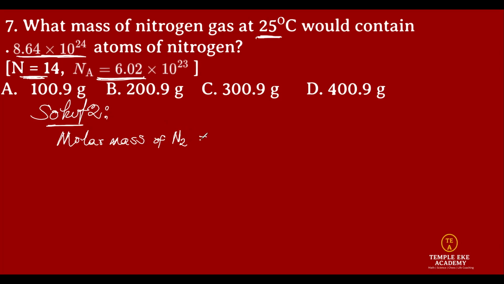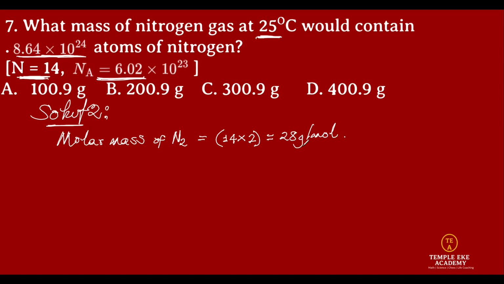The molar mass is therefore going to be, we have 14 as the relative atomic mass, 14 multiplied by 2, because there are 2 atoms of nitrogen in one molecule. And this gives us 28 gram per mole. This is the molar mass, which means 1 mole of nitrogen gas has a mass of 28 grams.